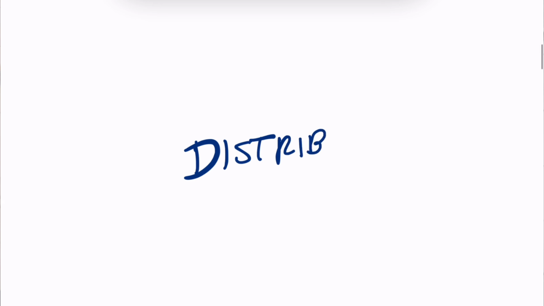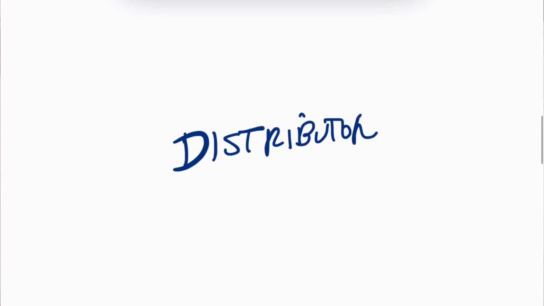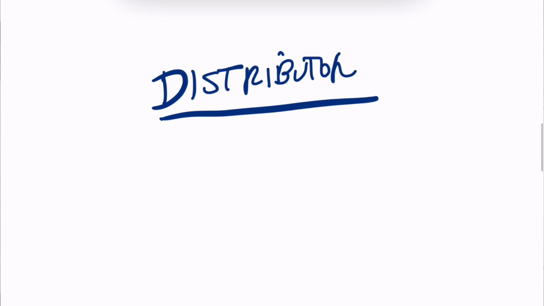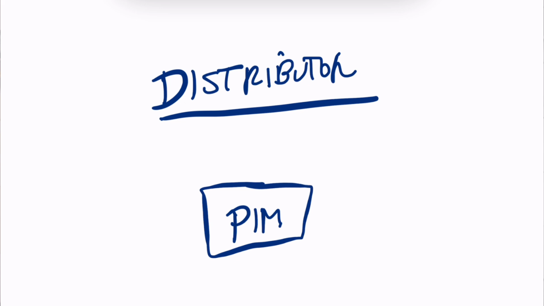So let's look at distributor. If you look at a distributor's PIM, when they're looking at their product data, because that's what it's there for, and we think about where that data goes from the PIM, it typically goes out to just a couple places.